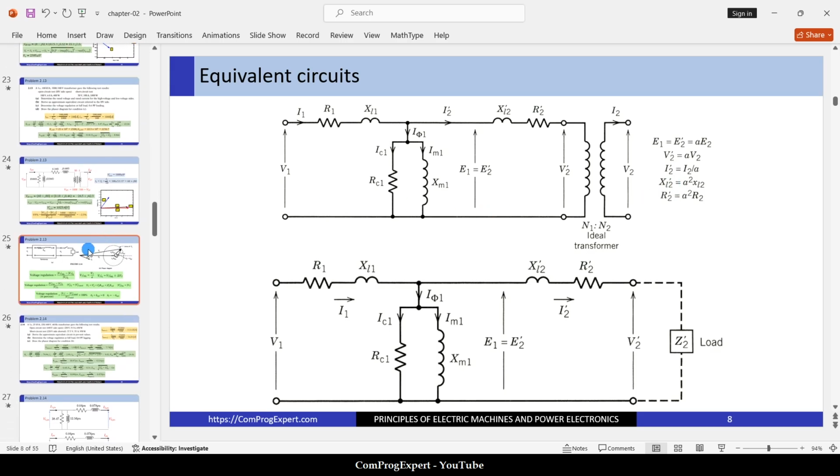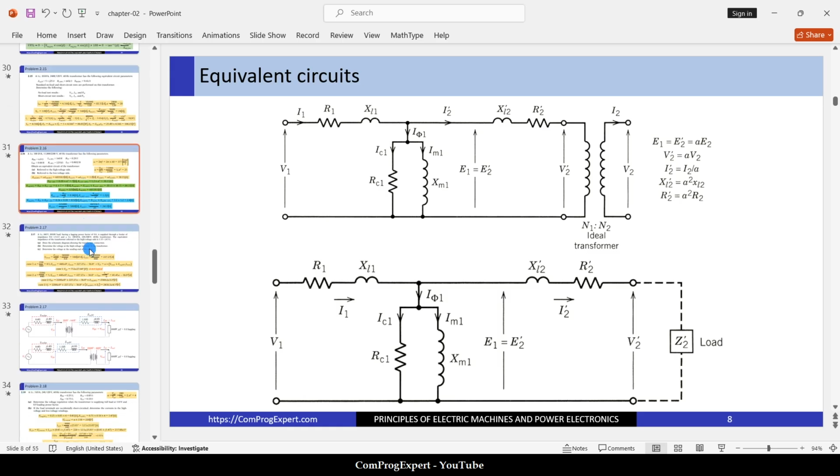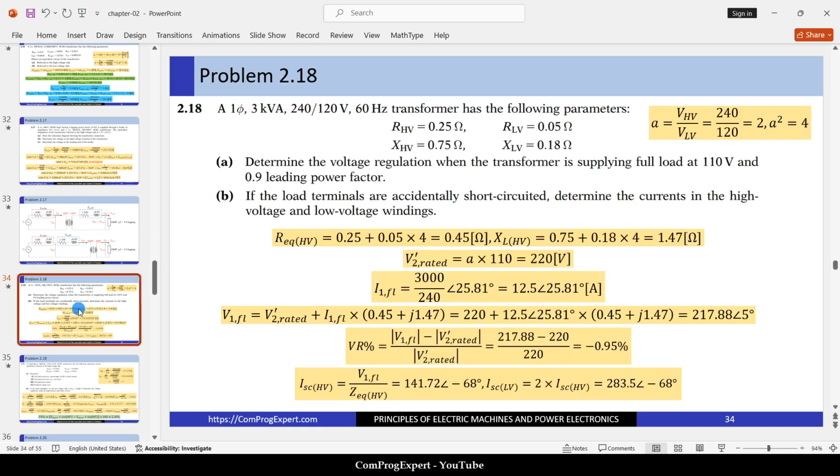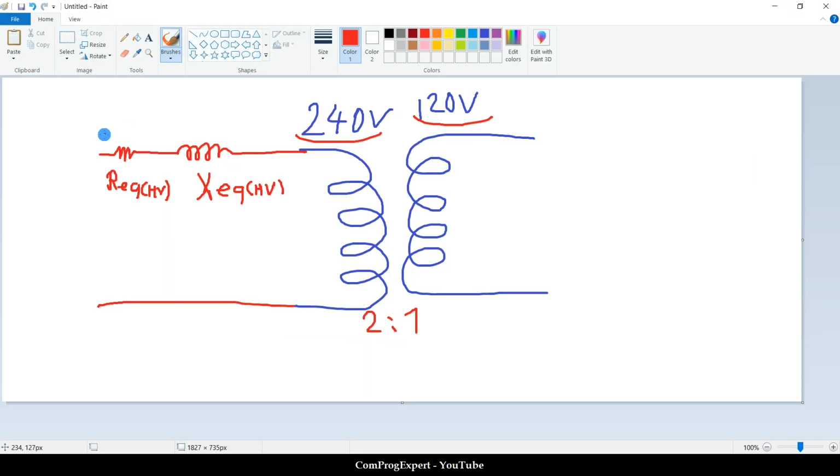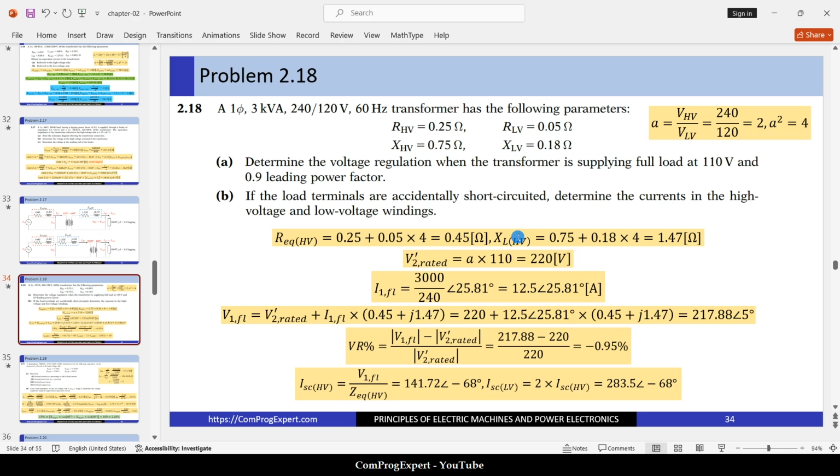So here we can write these equations. The equivalent resistance of the high voltage side is equal to 0.45 ohm. So here we have this number, 0.45, and the equivalent leakage reactance, this is the leakage reactance referred to the high voltage side.